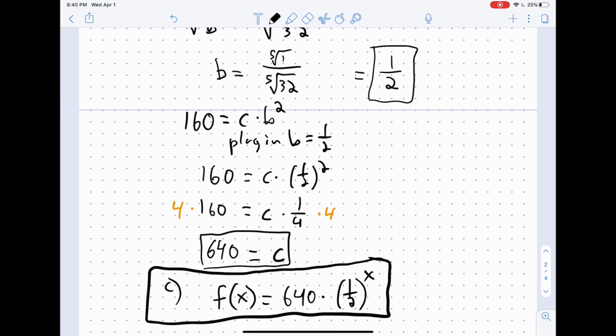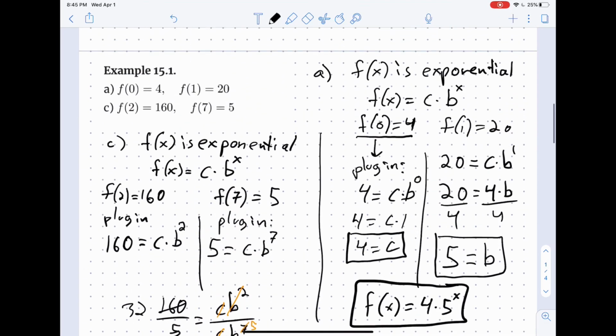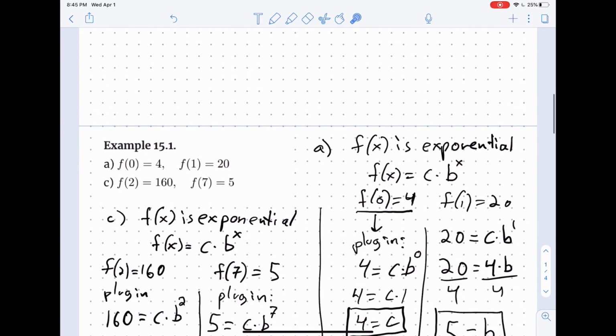I want to make two comments about these two, B and C, that we found here. The first is when you go back and you look at the original function values, let's just look at them one at a time. In the beginning, if we start with x as 0, we get a 4. If x increases and goes up to 1, we get a 20. And so what's happening is as x gets bigger, the output is increasing.